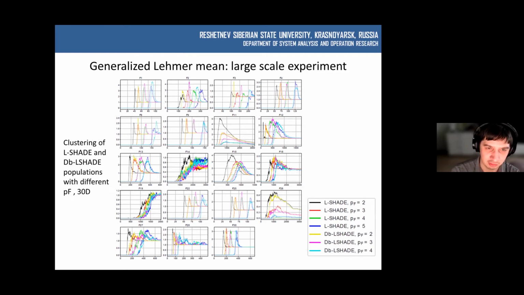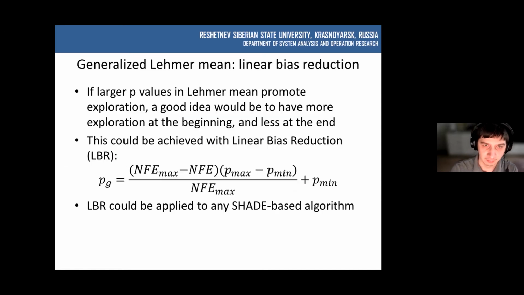If we set larger pF values, the first big cluster in the population occurs much later. So the exploration stage of the search is longer in this scenario.